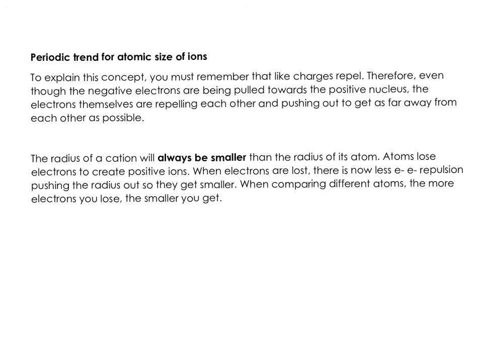The radius of a cation, remember this is a positive ion, will always be smaller than the radius of its atom. So when you lose electrons, you get smaller.